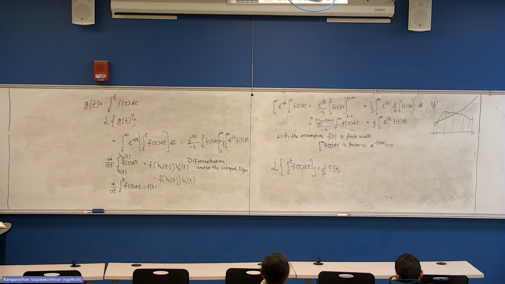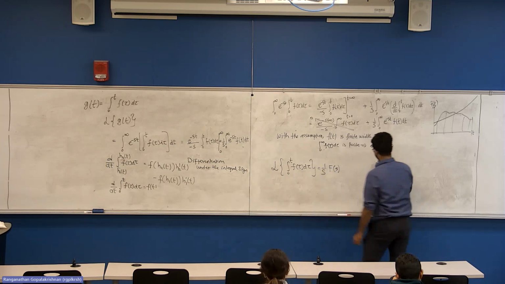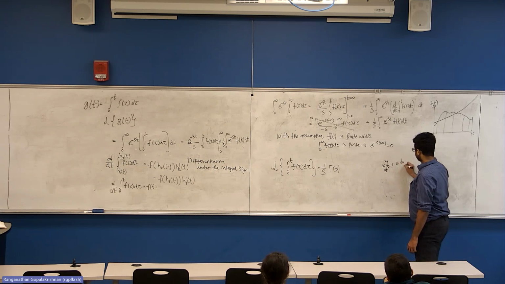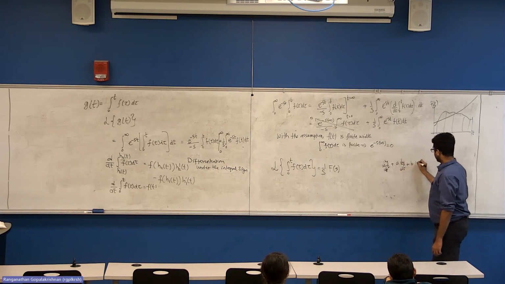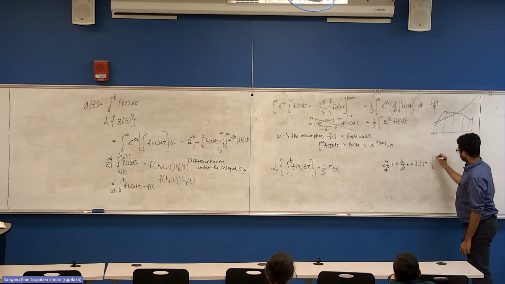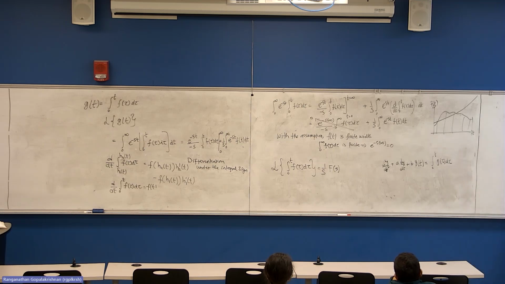So the book doesn't have any examples on integro-differential equations, meaning you have a function, let's say like d squared y over dt squared plus a dy dt plus b y of t equal to the integral from 0 to t of some g of tau d tau. Usually these types of problems occur.